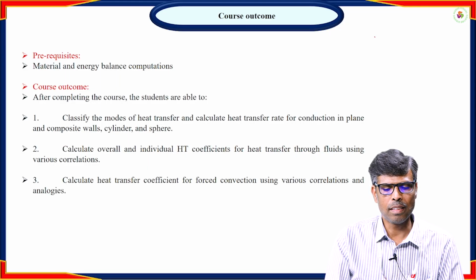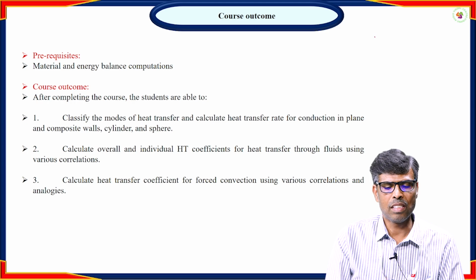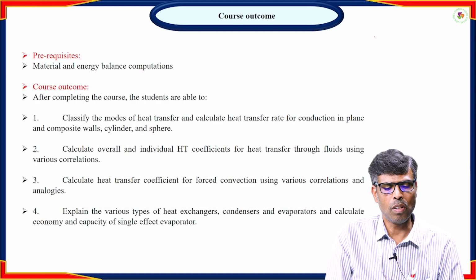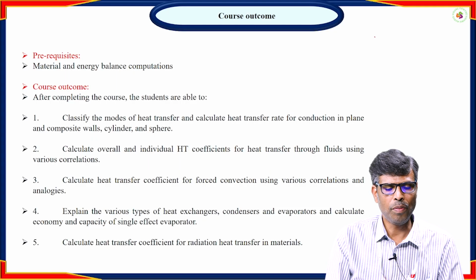The third outcome is calculation of heat transfer coefficient for forced convection using various correlations and analogies. The fourth outcome is different types of heat exchangers, condensers, evaporators. The fifth outcome is the calculation of heat transfer coefficient for radiation heat transfer.